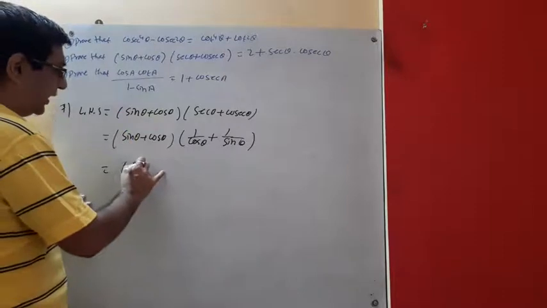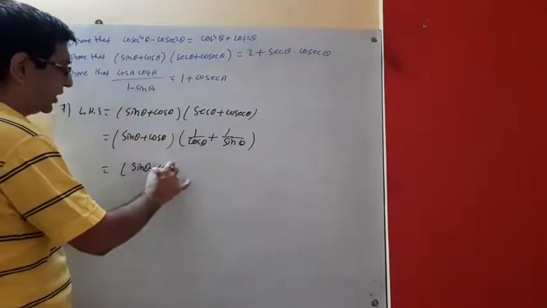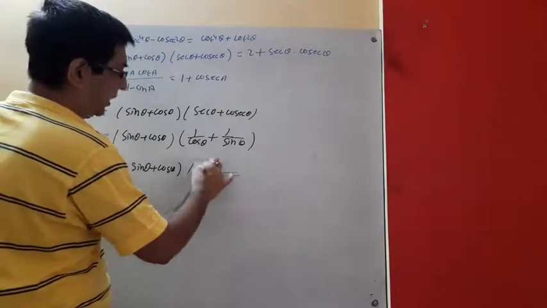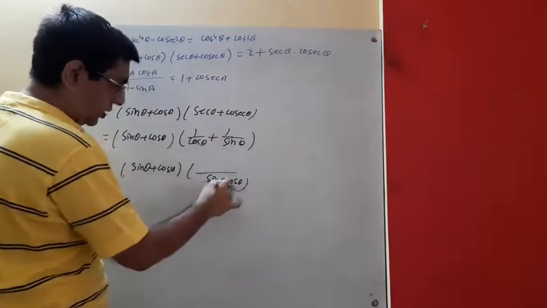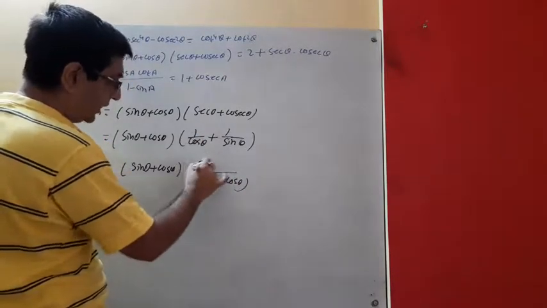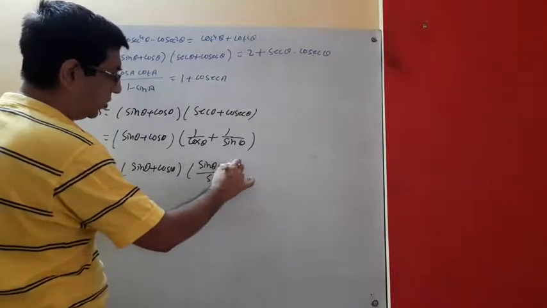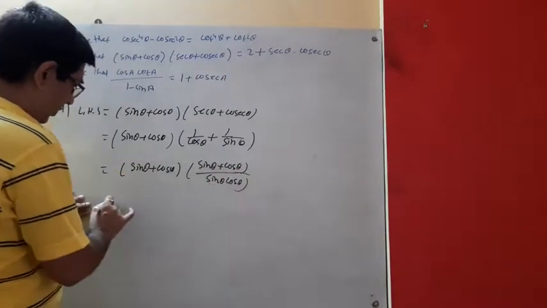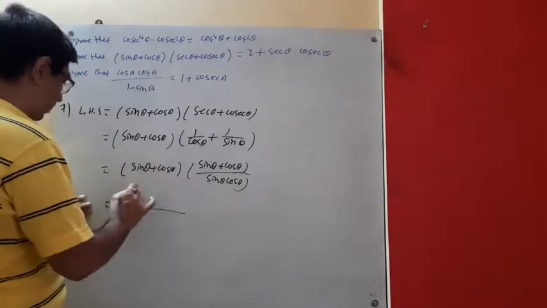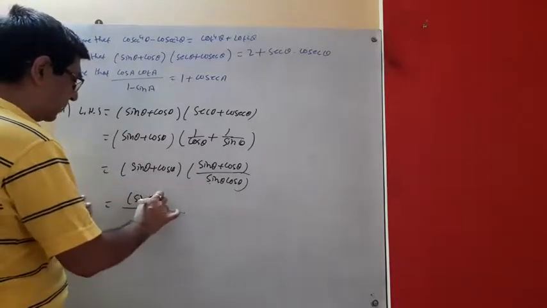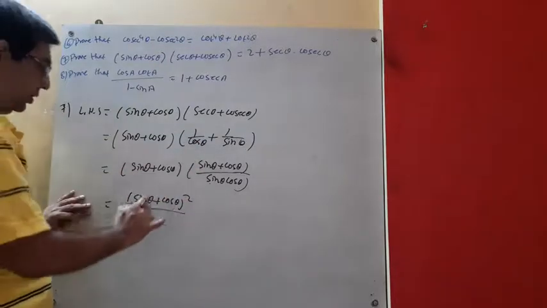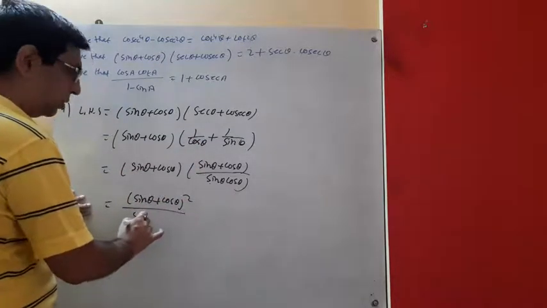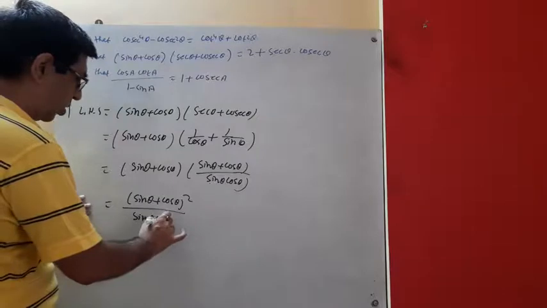So this is sin theta plus cos theta, and this is LCM is sin theta cos theta, right? So cos theta cancel, sin theta into 1 sin theta plus cos theta, right? So what we are getting, this one into this one means sin theta plus cos theta whole square, and in the denominator part sin theta cos theta.